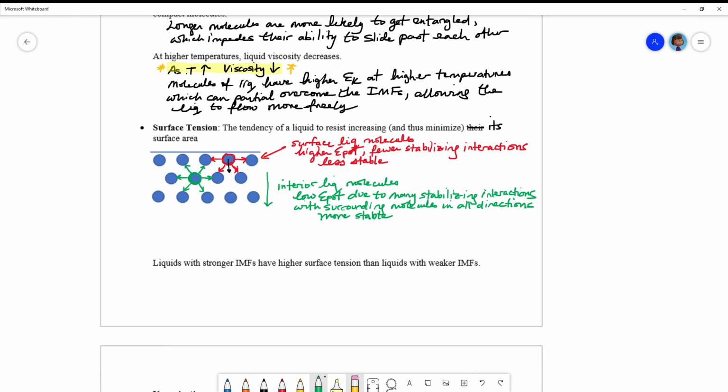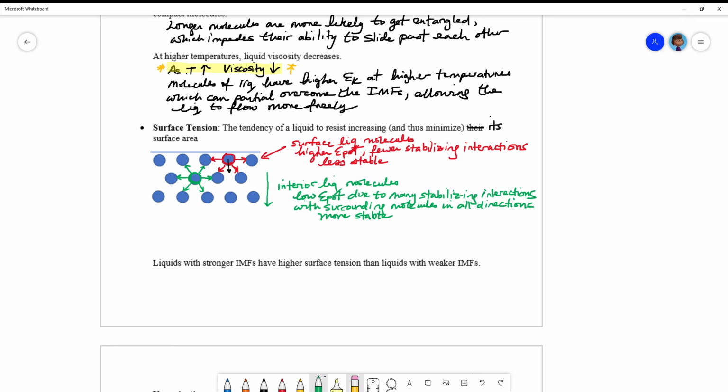So they're moving around. Interior molecules are moving around. Now, this is where we get to that definition of surface tension. Since those interior liquid molecules are much more stable, they don't want to move into a surface position, because if they move into a surface position, they become less stable.